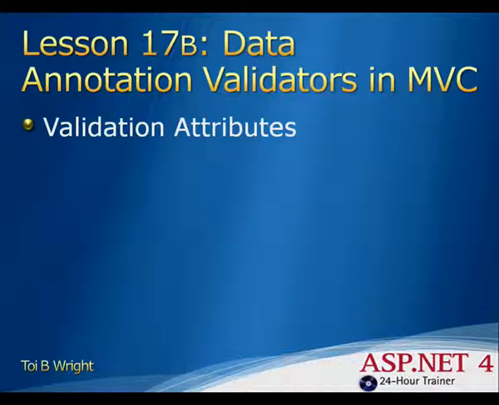The range attribute is used to define the valid range for the value. The regular expression attribute is used to provide the regular expression with which the value is compared. The required attribute is used to indicate that a value is required. And finally, the string length attribute can be used to specify both the minimum and maximum number of characters for the value.